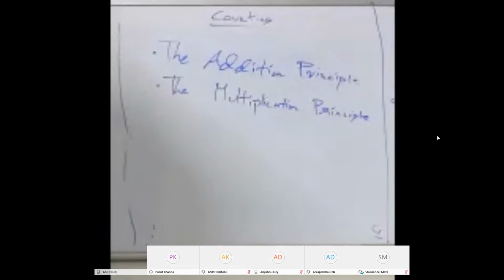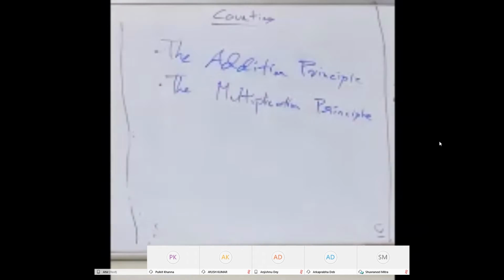So while starting out with counting, a lot of people have this dilemma, like when to add and when to multiply. So let's take a simple example.